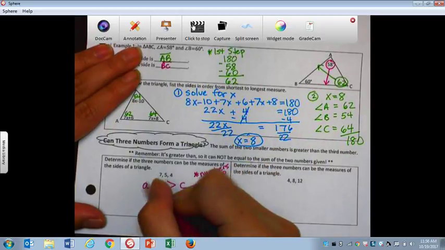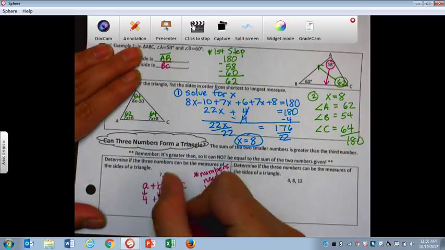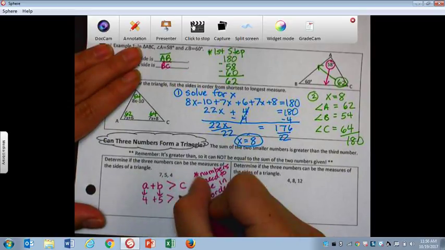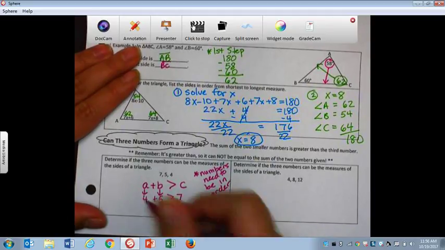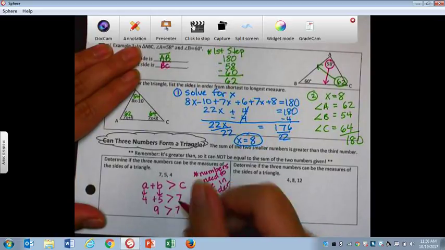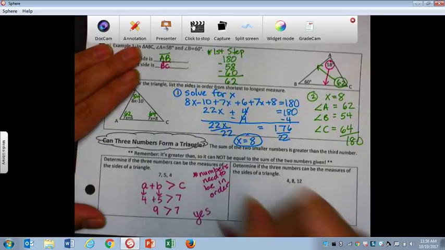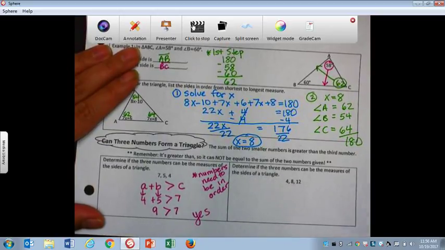So my A for this one, the smallest, would be 4, plus B is 5, has to be greater than 7. 4 plus 5 is 9. Is 9 greater than 7? Absolutely. So the answer is yes.